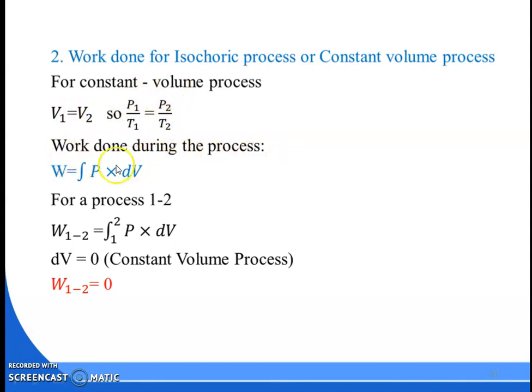So what is the work done during the process? W is equal to integration of P dV. For process 1 to 2, W1 to 2 is the integration of P dV. What is the change in volume? Change in volume is equal to 0, because V1 is equal to V2. So if the change in volume is 0, then work done is equal to 0.